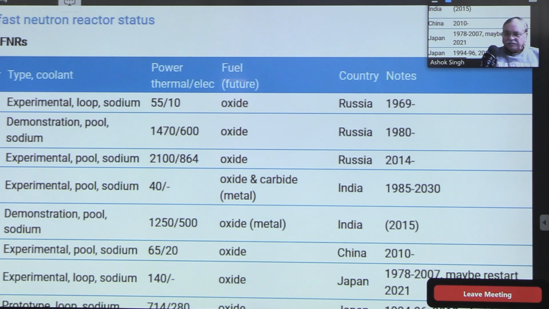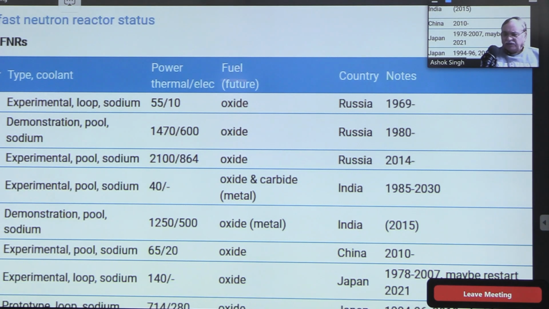Now, most countries did not succeed in developing a commercially viable system. France, for example, closed down its experiments. Japan has also closed it down.